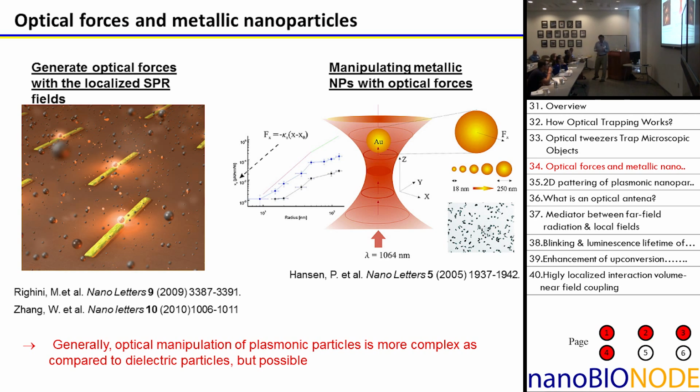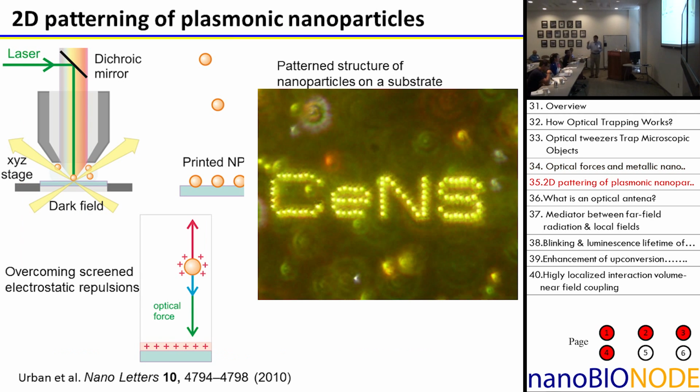But in general, you can manipulate those objects. And here I show you just a couple of examples from the literature. But what's interesting is that you can design the nanoparticles, and with that you design the response of those nanoparticles to laser manipulation beams, right?